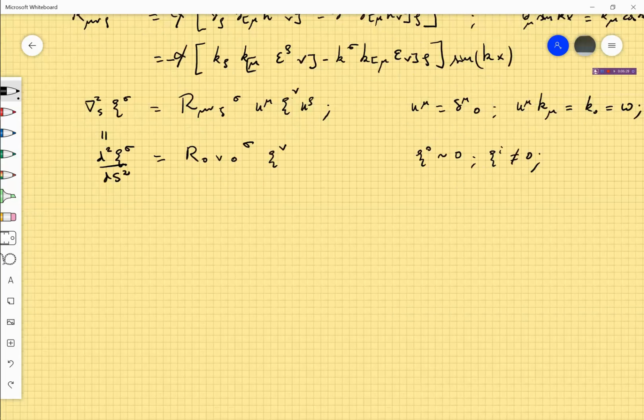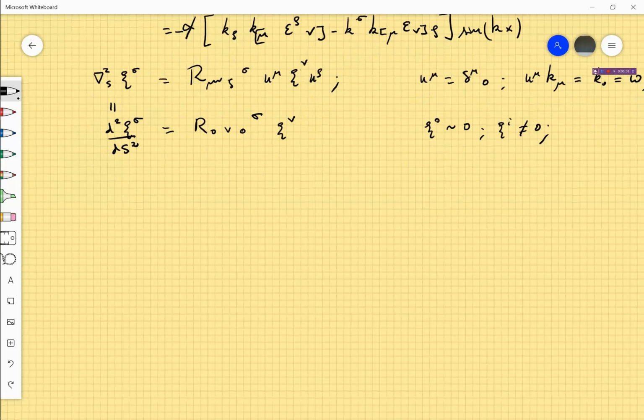So the only equations we have to worry about, observe that the 0 component of this equation, so when sigma is 0, is automatically satisfied in this approximation, because you get R 0 nu, only i, 0, and this is 0, because of the antisymmetry of the Riemann tensor in this pair of indices, so this is identically 0.